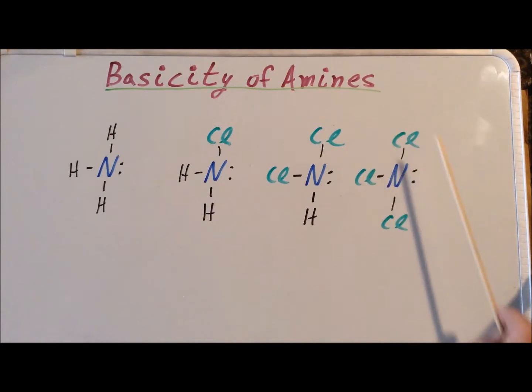And then finally, our last compound here is nitrogen trichloride. We have three electron withdrawing groups. So we imagine that this is going to be the weakest base of all. Please see the following figures to see the computed structures of these three chloramines.